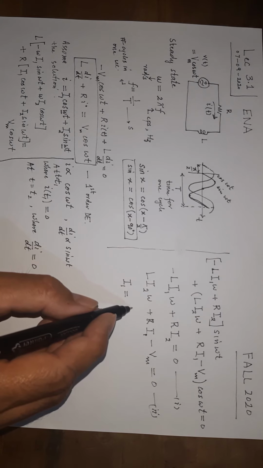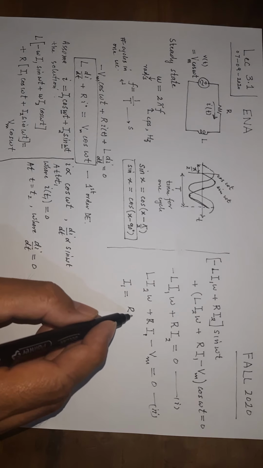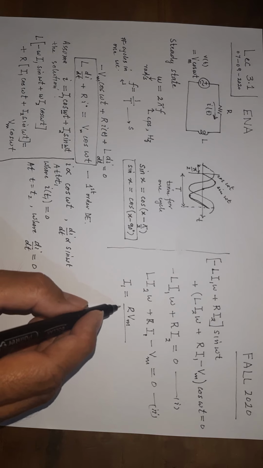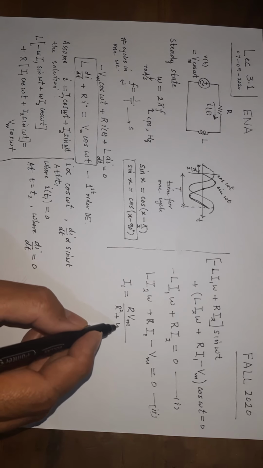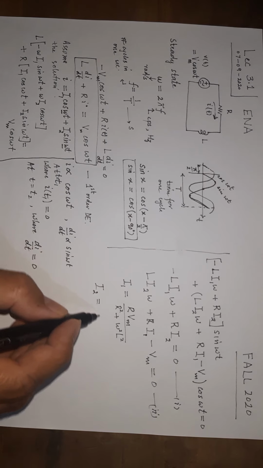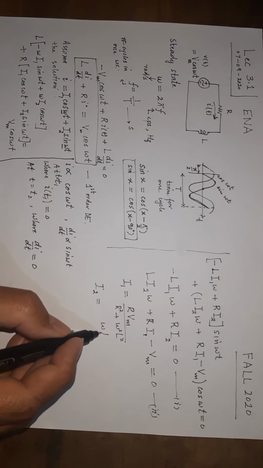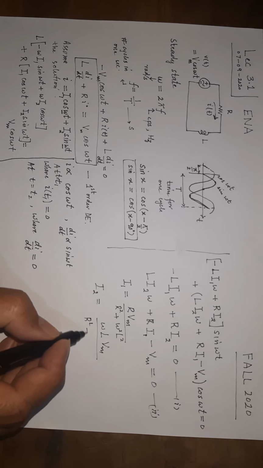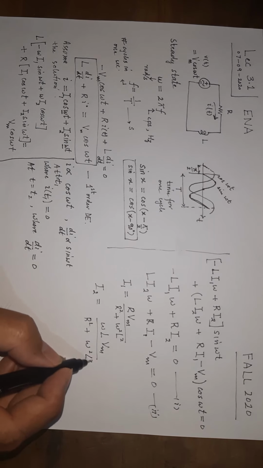You can find it for yourself. I1 can be solved to be equal to R Vm over R square plus omega square L square. And I2 is equal to omega L Vm over R square plus omega square L square.